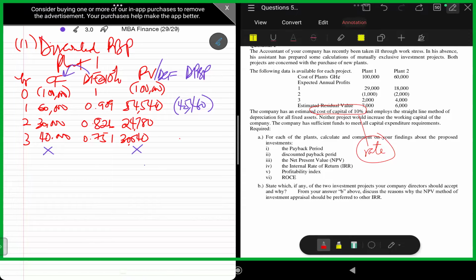So negative 100,000 plus 54,540 plus 24,780.